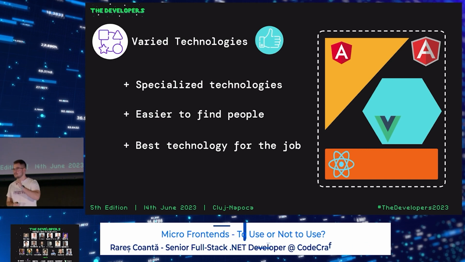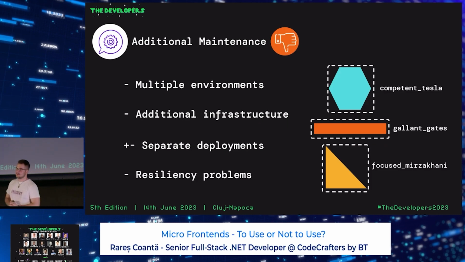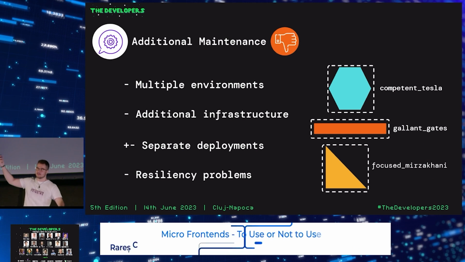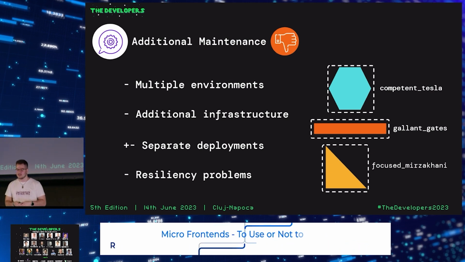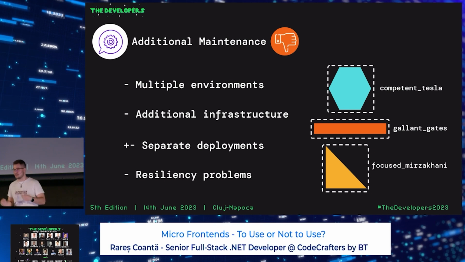It just slides in there, and it's nice. And still, there's a downside that I hope you've seen coming. Additional maintenance. Again, you don't have one application now, you have 4 of them, 9 of them, N of them, whatever, and you need multiple environments, additional infrastructure. This is not the biggest problem. It's there, it exists, and depending on how you do deploys, it can be a good thing or a bad thing to have separate deployments.